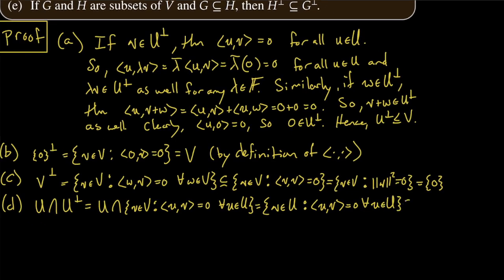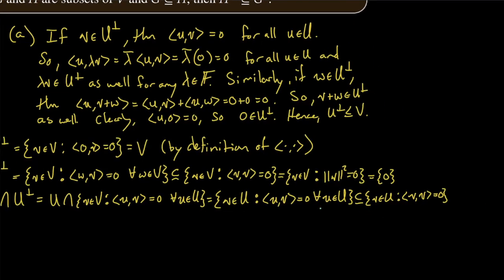And this is certainly, by the same logic as the previous line, contained in the subset with the slightly less stringent requirement that we have V in U such that V inner product V is equal to 0, since one such U in U is V, since V is in U. But this is just the 0 vector.